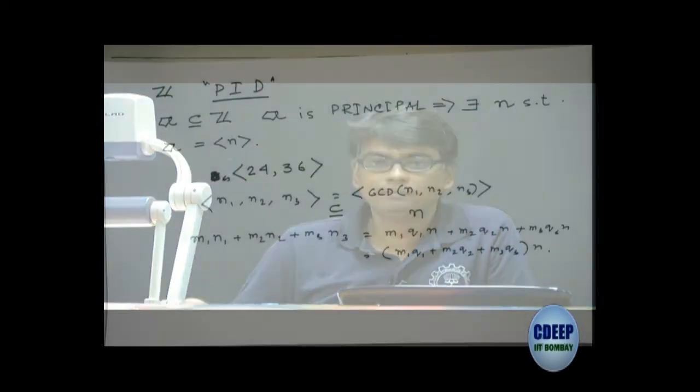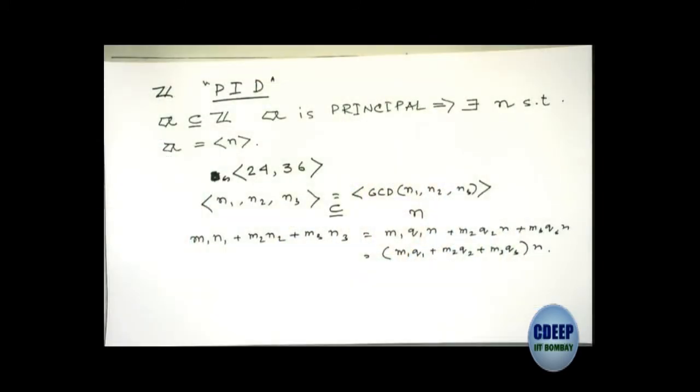But when an ideal is given to us abstractly, we may not even have such finitely many generators. We might just have a description of all the elements in the ideal. We know all the elements that are there, but we don't know that they are linear combinations like this even. We don't have any set of generators at all. We just have an arbitrary ideal.